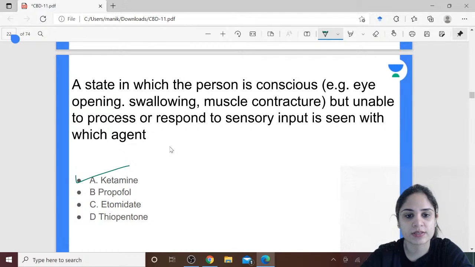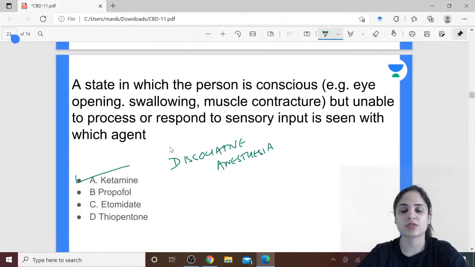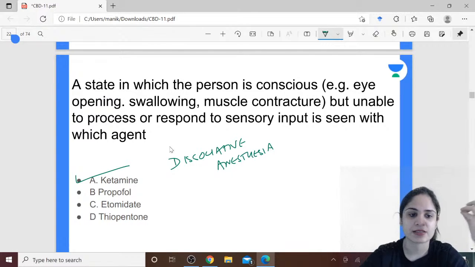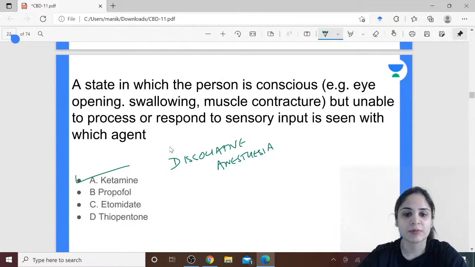But can you tell me what is the name of the state? What are we describing over here? We are describing a state of dissociative anesthesia. The patient feels that he is dissociated from the rest of his body. There are some sensory inputs, but he is not able to respond to them.